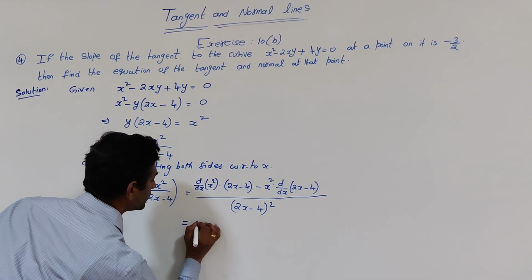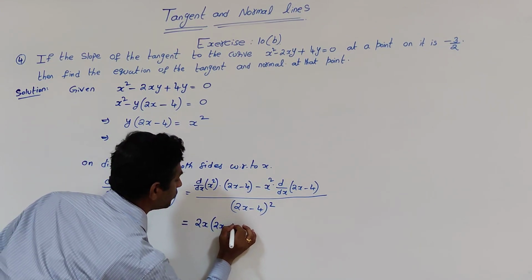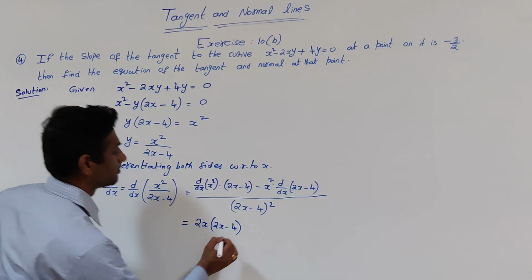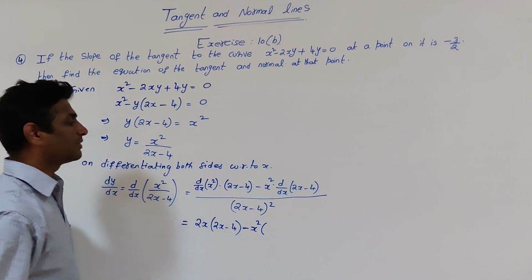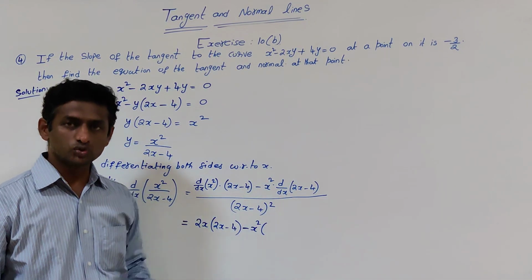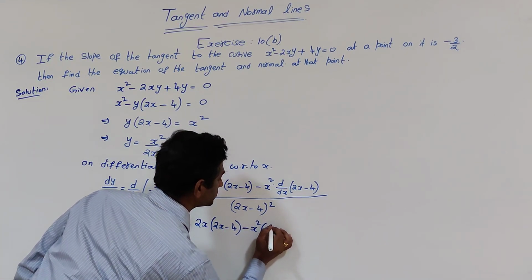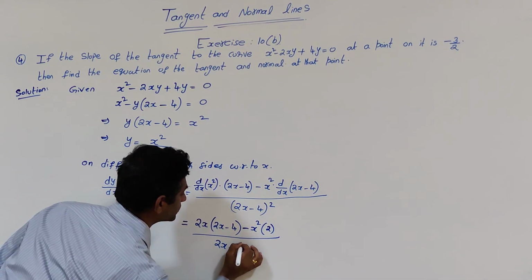Derivative of x square is 2x. So 2x into 2x minus 4 minus x square into derivative of 2x minus 4. Derivative of 2x is 2 and derivative of 4 will be 0. So it will be 2, by 2x minus 4 whole square.